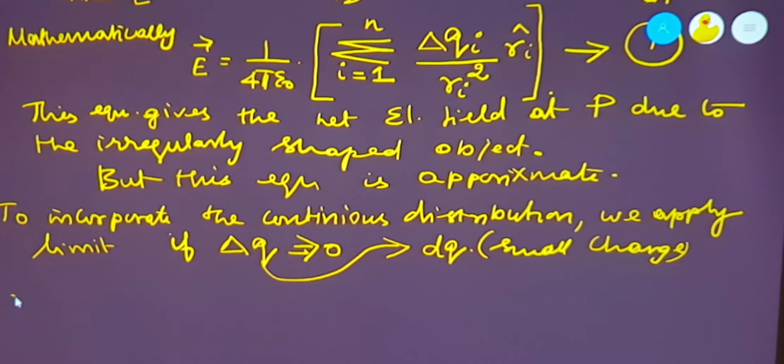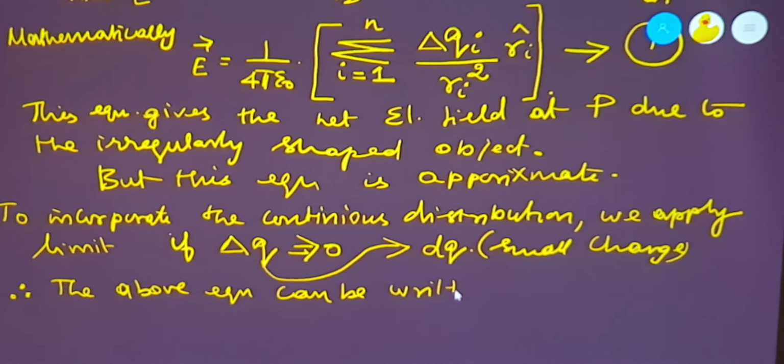In this case, therefore, we can write the above equation, removing the summation, as E vector is equal to 1 by 4 pi epsilon 0.